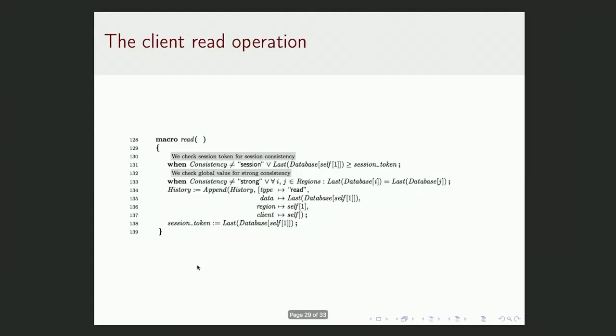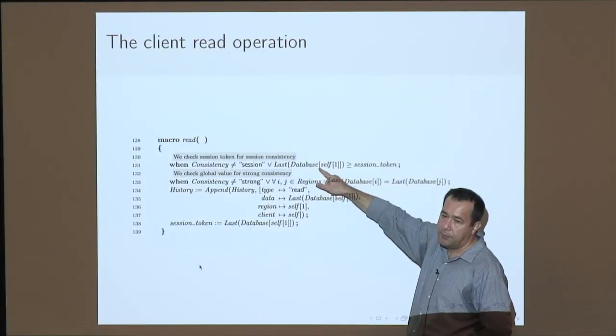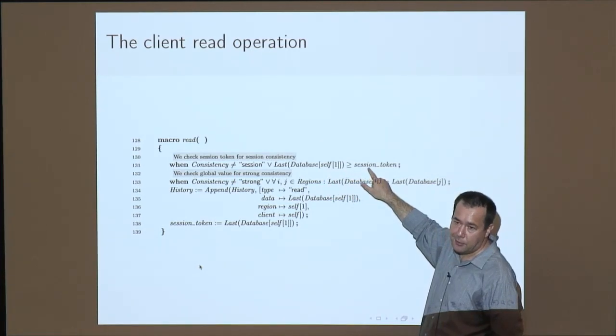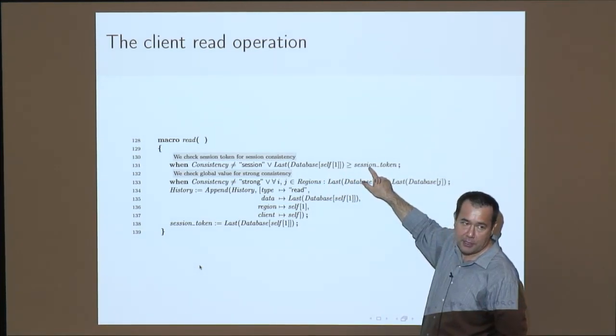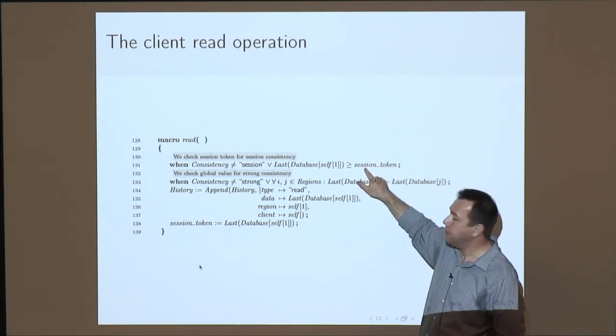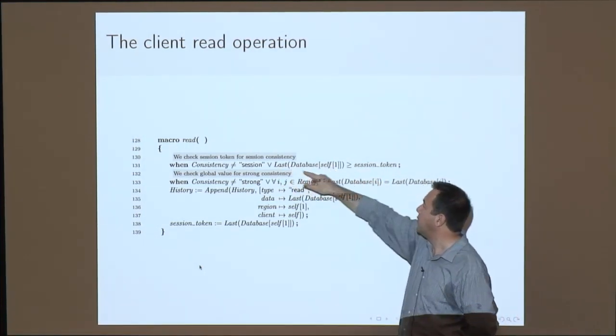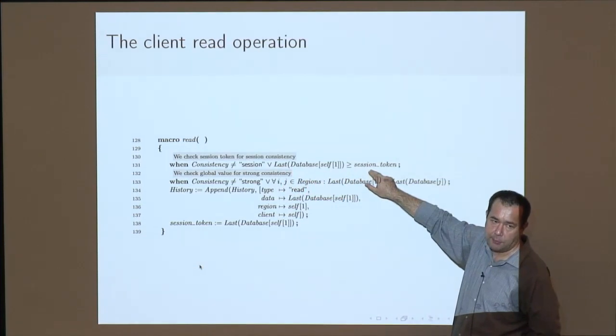Okay, and the read, again, we have some preconditions. If the consistency check for a session, make sure that the database at this region is up to that staleness value, up to that freshness value, right? Database in the client's region, the last item is fresher than my session.